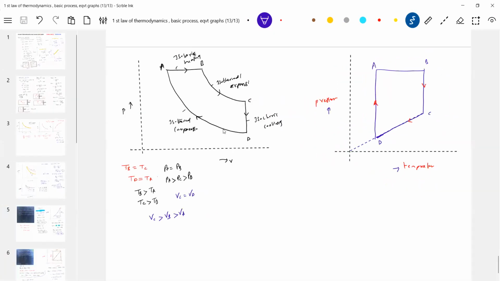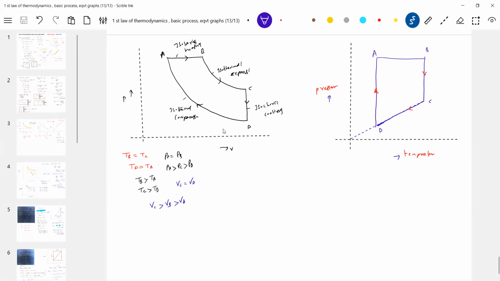Let's go for the volume versus temperature graph, or temperature versus volume, anything. Let me take volume on the y-axis. Let's start with the isobaric process, which will be AB. Isobaric process in a VT graph is a straight line passing through the origin.